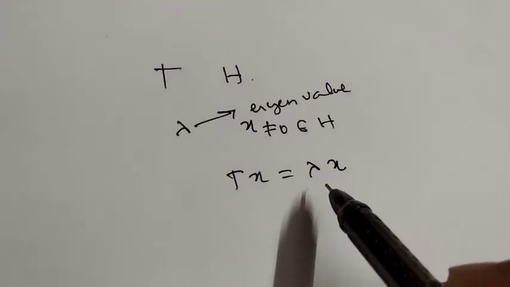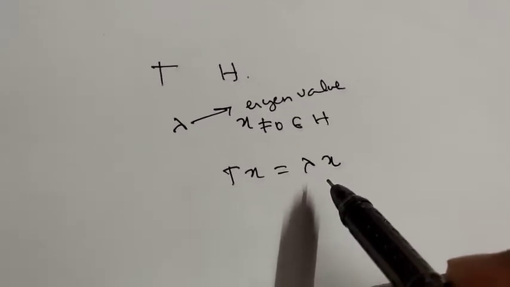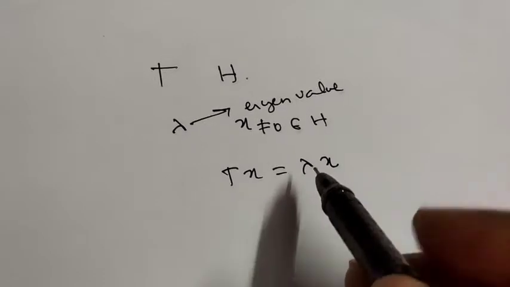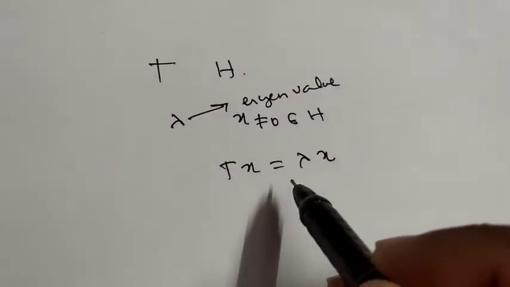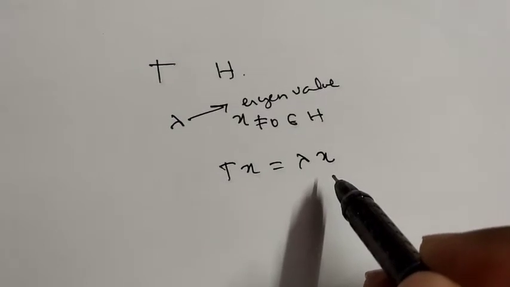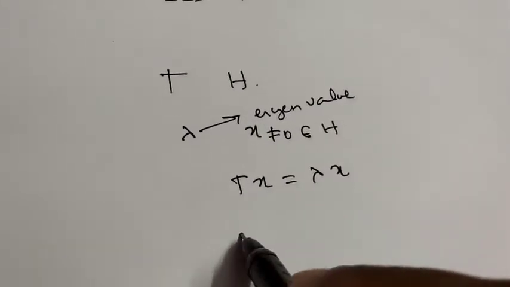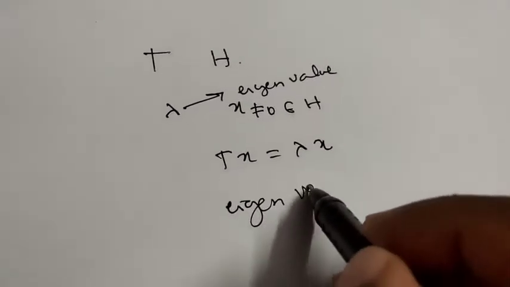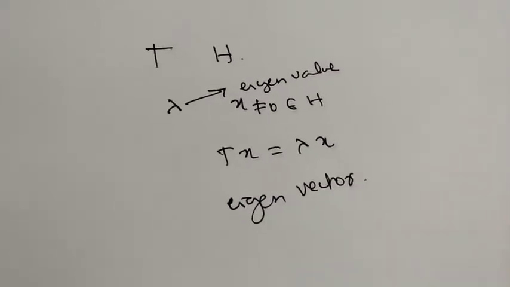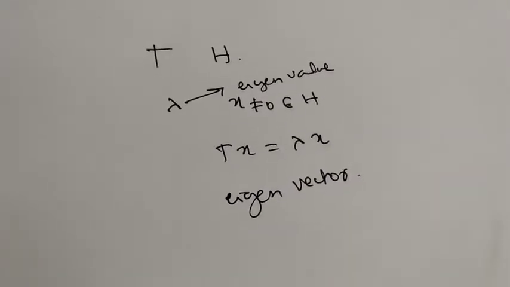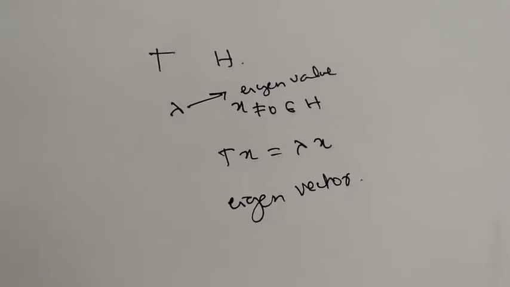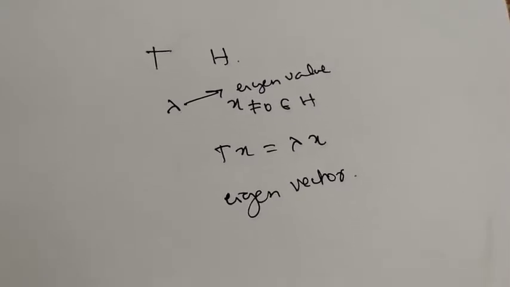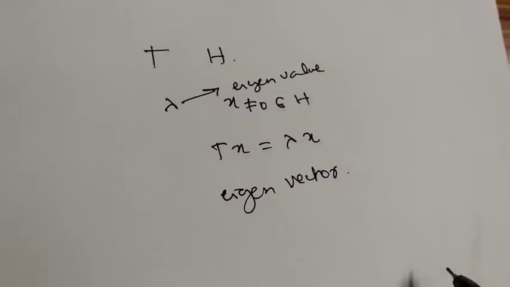Also, if lambda is an eigenvalue of T, then any non-zero vector x belongs to H such that T of x is equal to lambda times x is called the eigenvector corresponding to the eigenvalue lambda. Okay. So these definitions you have already studied in your linear transformation class. Let us take up a few results related to this now.